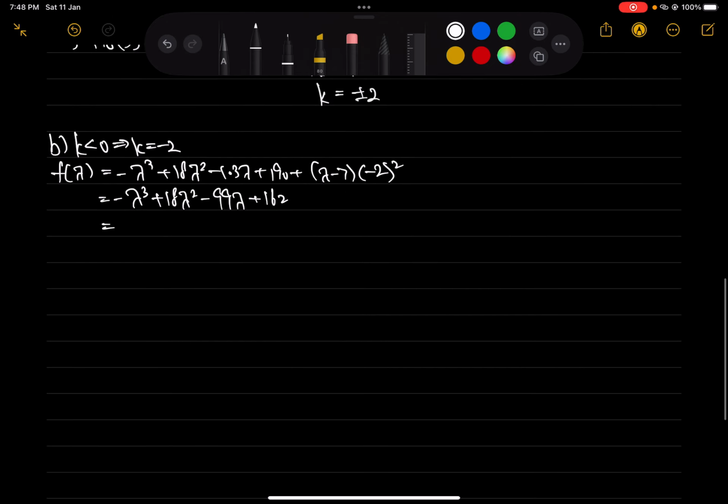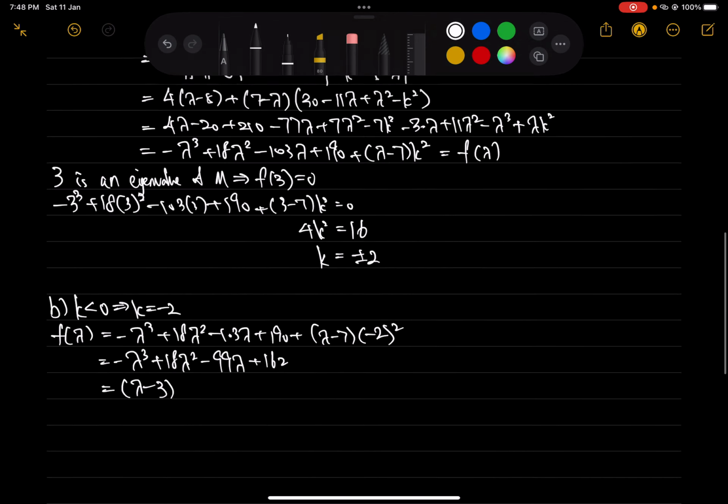So let's factorize that very quickly. One of the factors is lambda minus 3 because 3 is an eigenvalue.